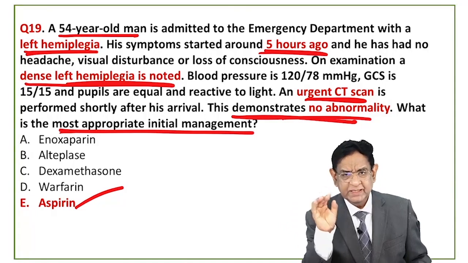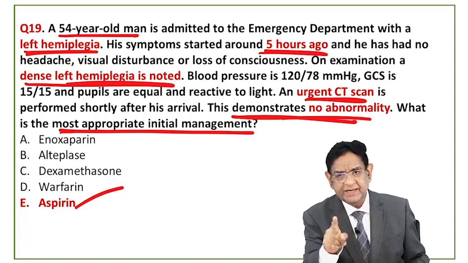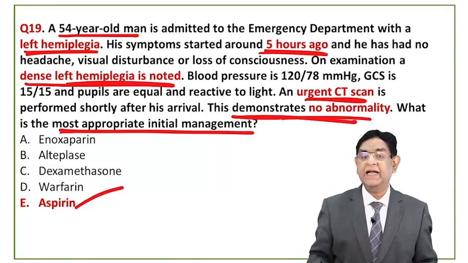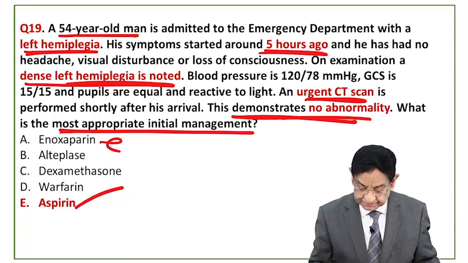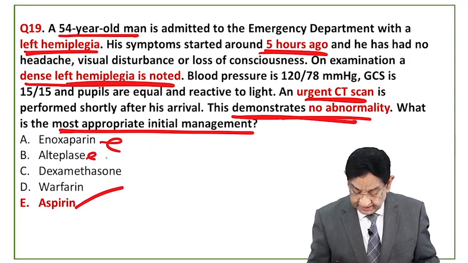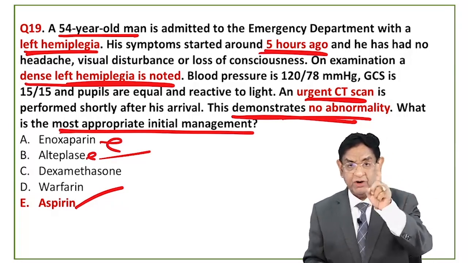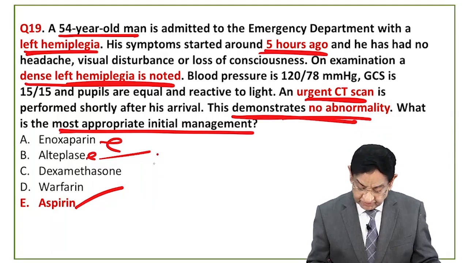Write down. In a case of stroke, the first line investigation is non-contrast CT, and if ischemia, give aspirin. Aspirin is an antiplatelet drug. Enoxaparin is an anticoagulant. We don't give it. Alteplase is a thrombolytic we use, but not as a first line treatment.